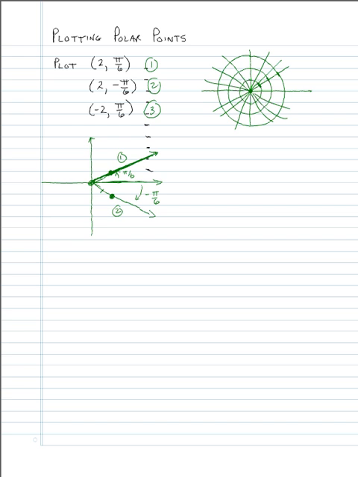I didn't really say that earlier, but you should remember this. R can be a negative number, and it's based on direction.